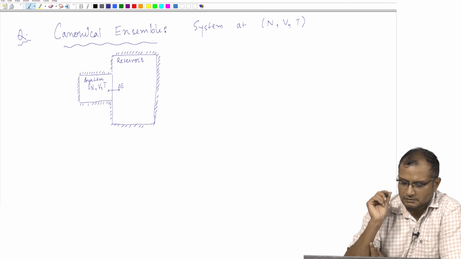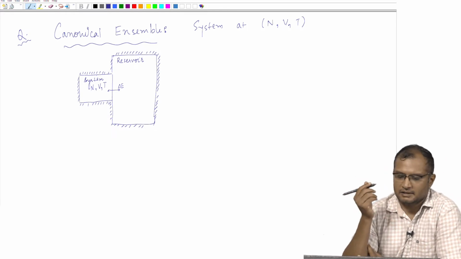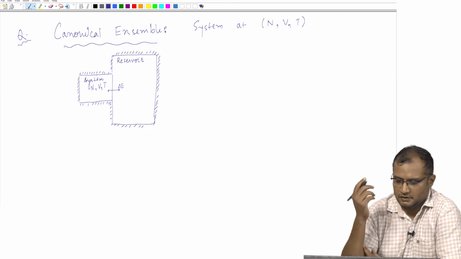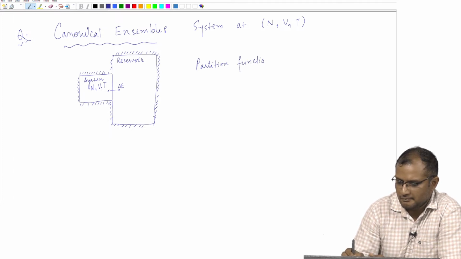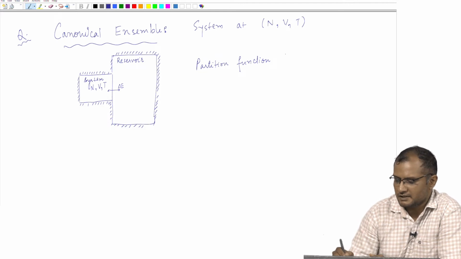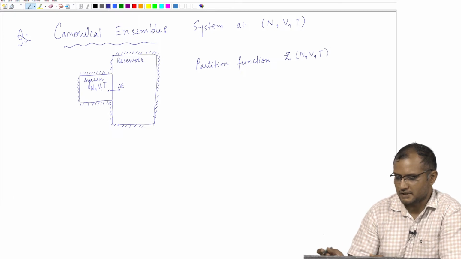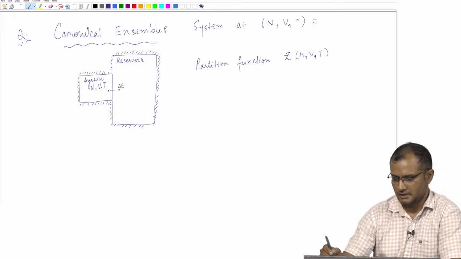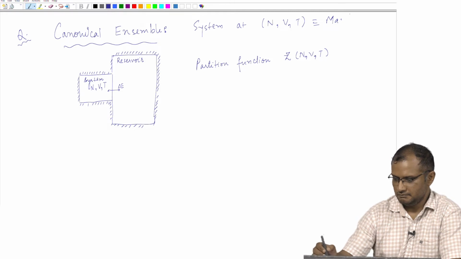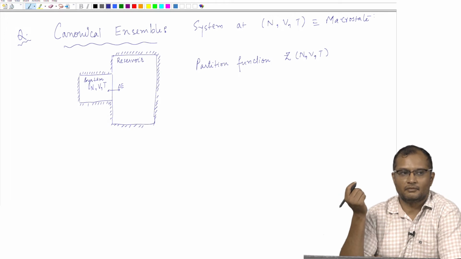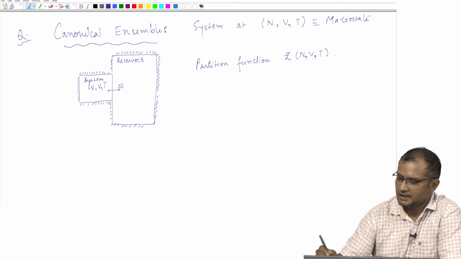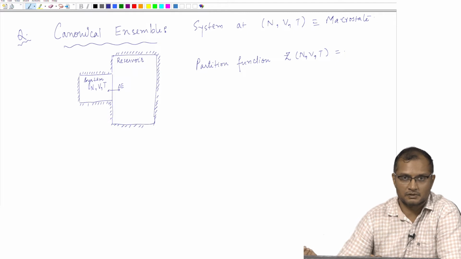So, now under such a setting we have already computed the partition function of the gas. Right. So, this partition function is nothing but, as discussed already, a function of the macro state. So, this is your macro state. And the partition function is nothing but the norm of your probability distribution.